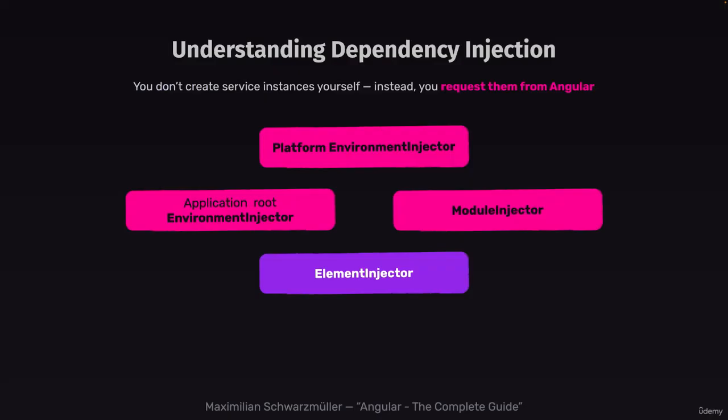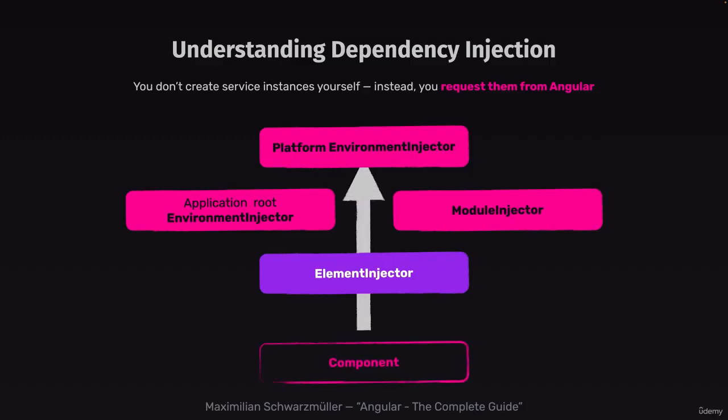But more relevant for most Angular applications are the application root environment injector, potentially the module injector if you're working with NgModules, which is something I'll get back to later, and the element injector. And it's always the element injector to which a component reaches out first, for example, to request a dependency, a service instance, for example.